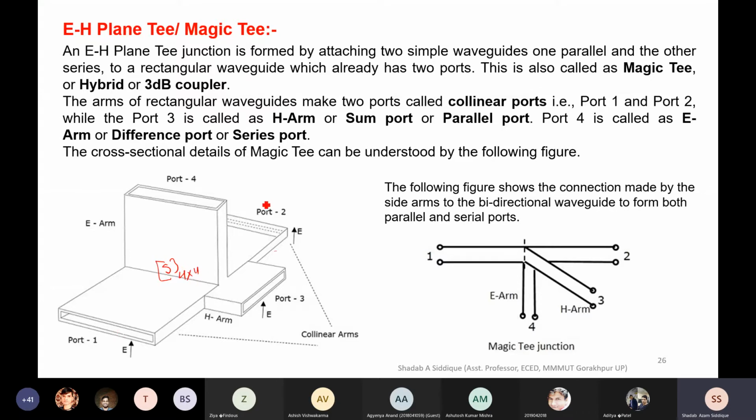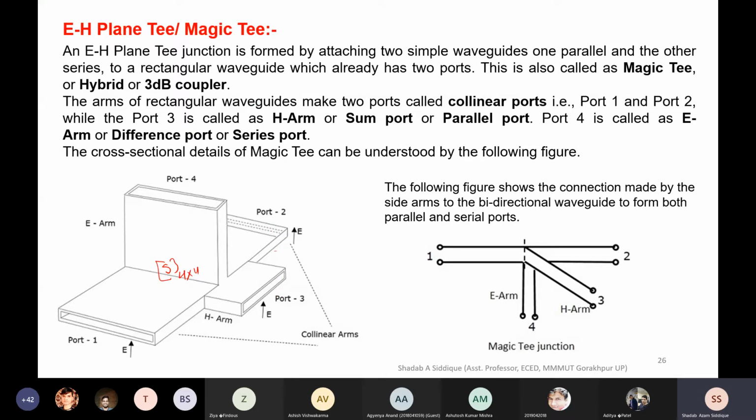Port 1 and port 2 are called the collinear arms, port 3 is called the H arm and port 4 is called the E arm. These collinear arms will be symmetrical about port 4 and also symmetrical about port 3.